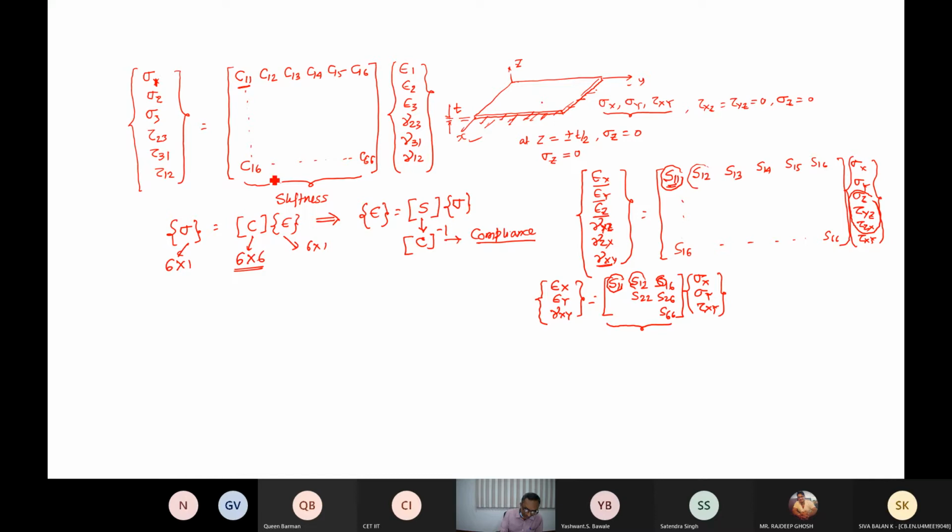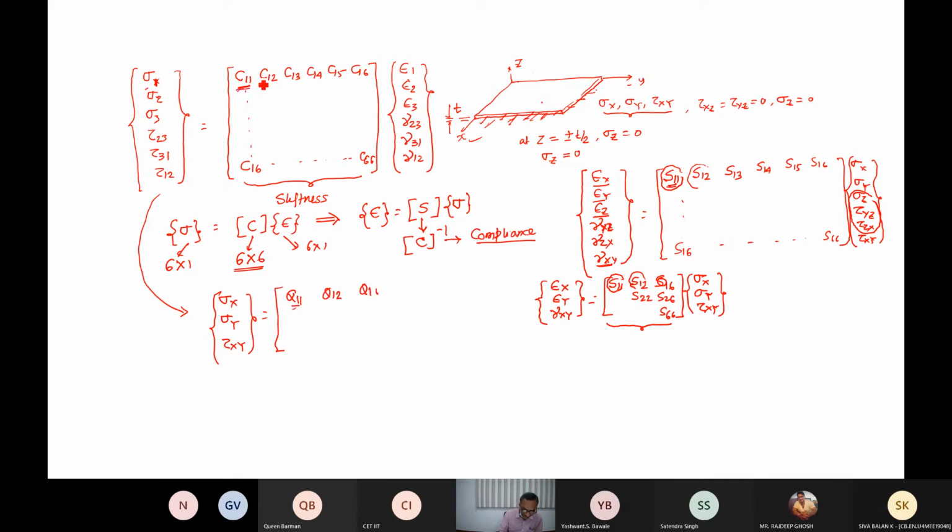So when we reduce this, we cannot straightway take C11 relating sigma x and epsilon x. Therefore, here what we do is we can show that sigma x, sigma y, tau xy, we change it from C to Q, because Q11 and C11 are not the same.